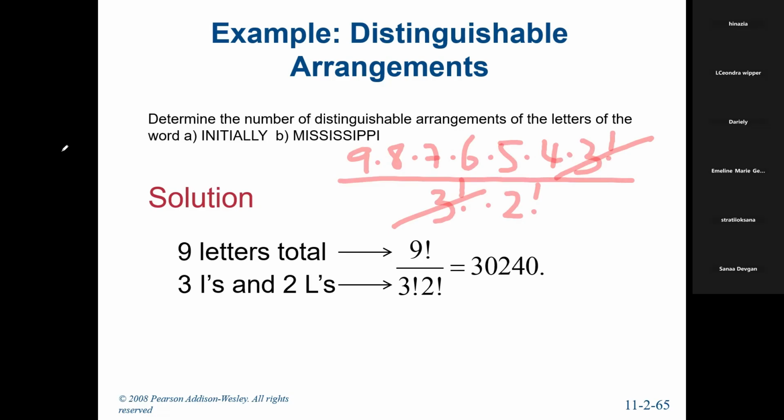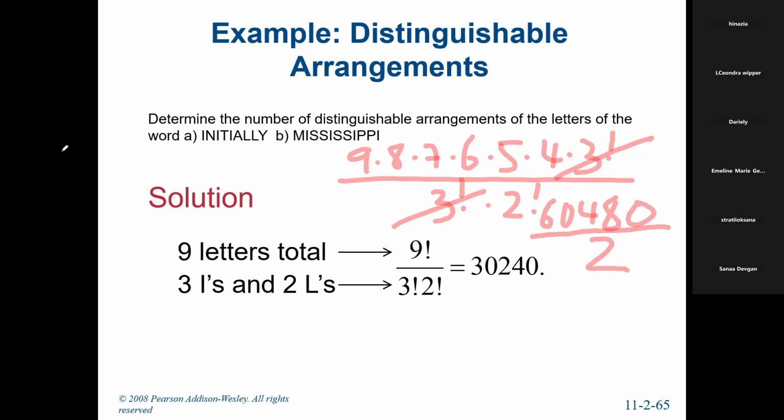And then you divide that number by 2, because 2 factorial is 2 times 1, which is 2. Let me see, 0, 8, 4, 0, 6 over 2. Okay?